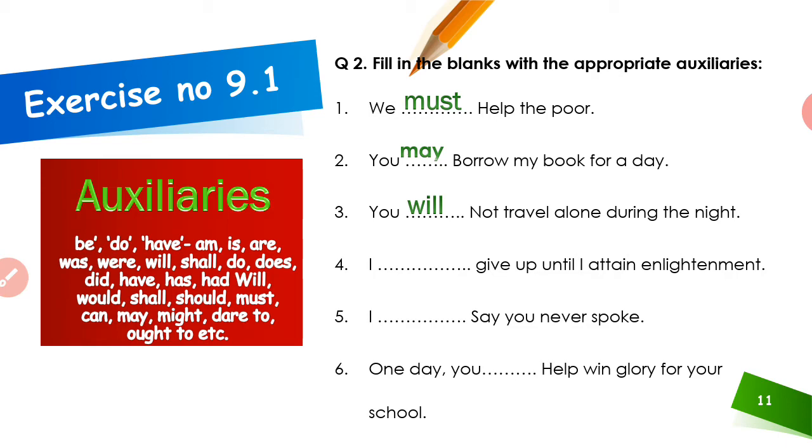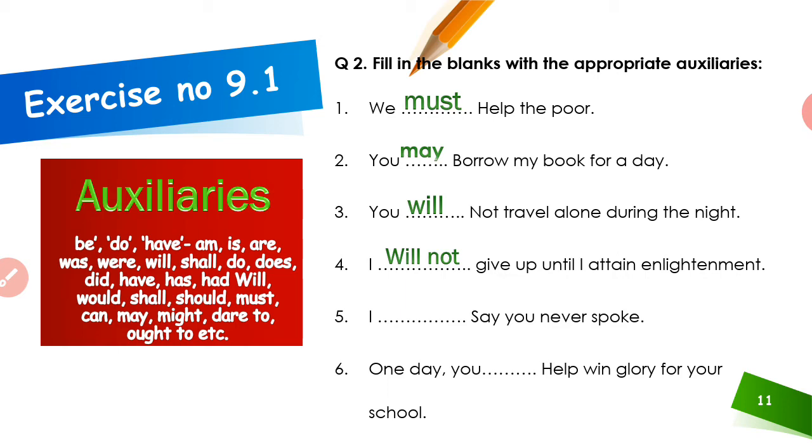Sentence number 4. I dash give up until I attain enlightenment. When the phrase give up comes, what is the first thing that comes to your mind? That I will not give up until I attain enlightenment.